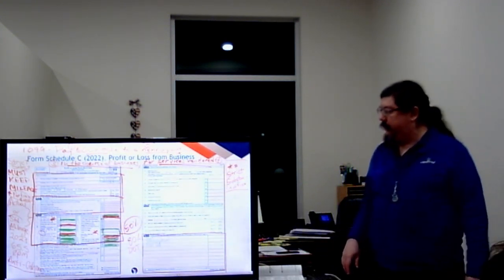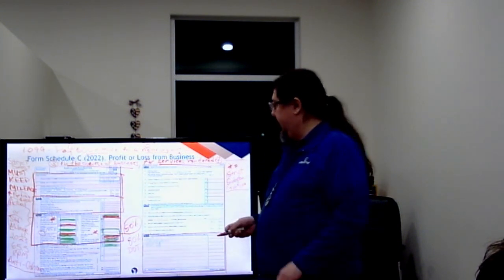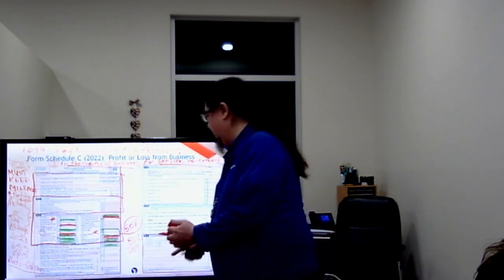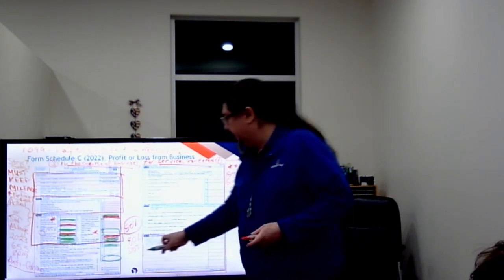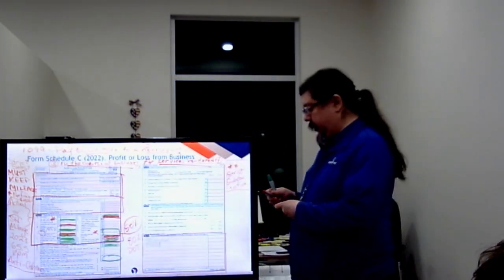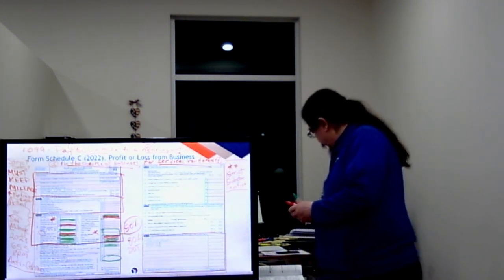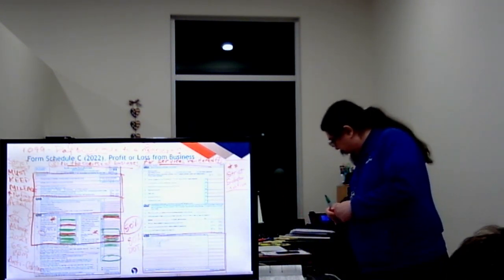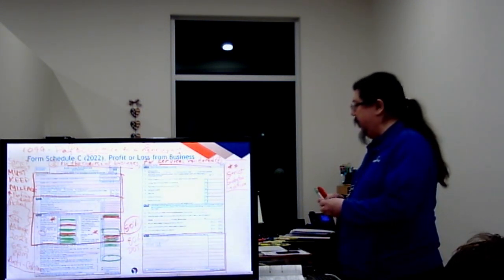Okay, and then after we've taken your business use of home deduction, then we finally have your net profit or loss. And if you have a loss, you also have to answer these two questions, 32A and 32B. That's usually going to just be blank on both, or it's probably usually going to be 32A is checked.